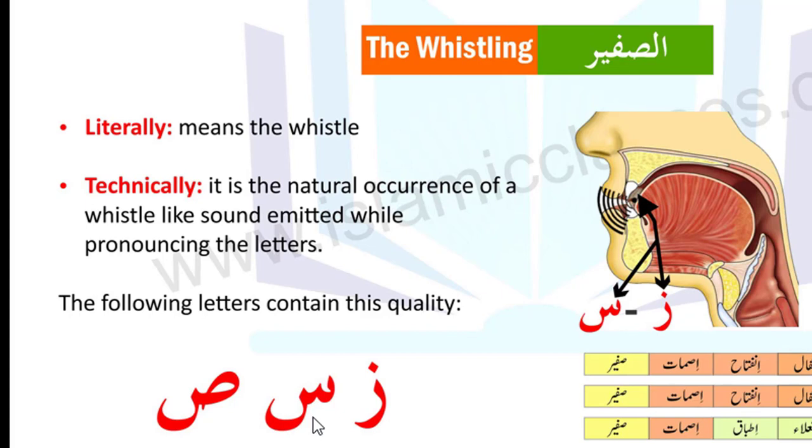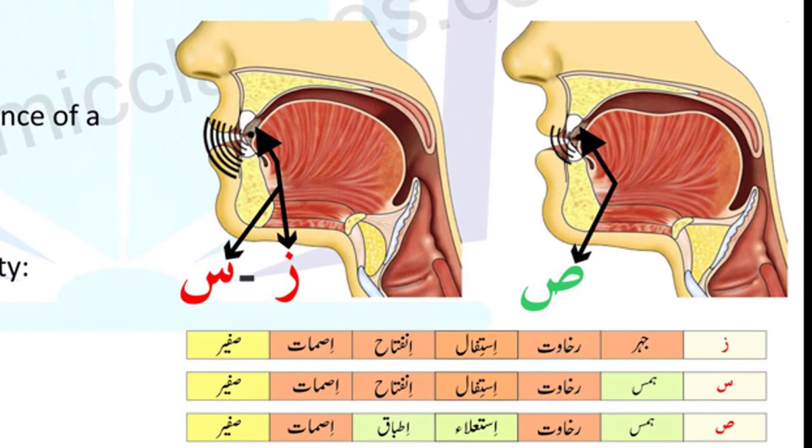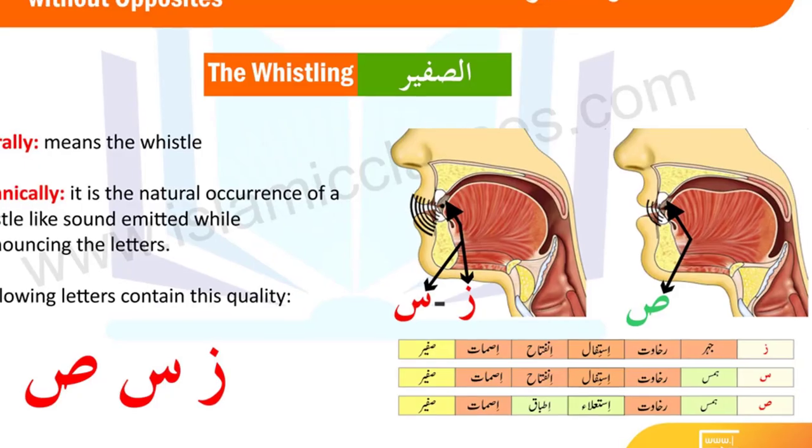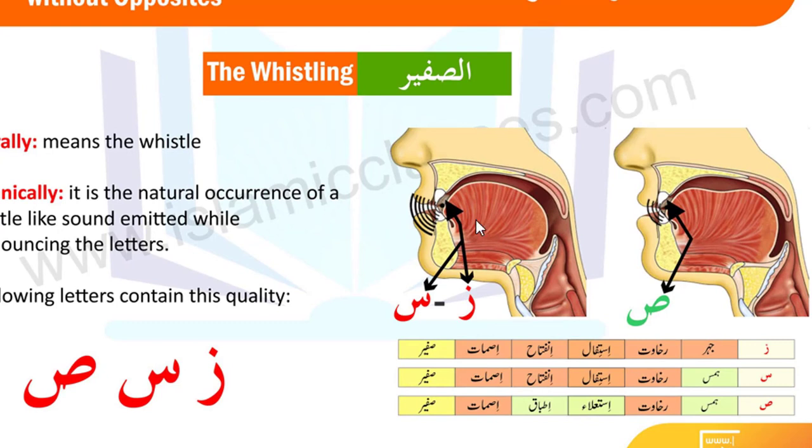The Makharij of these 3 letters is the same, which is when we touch the tip of the tongue on the inner side of Thanaya Sufla along with the upper incisors. As you can see here in the image, Safir is whistle. So look, when we read these letters, how the Safir sound comes.